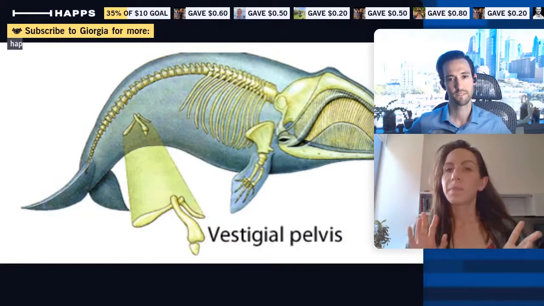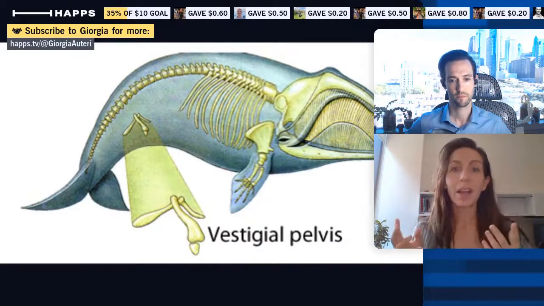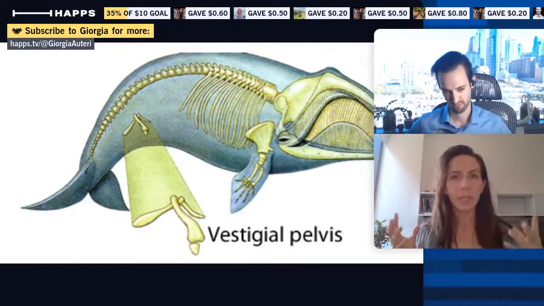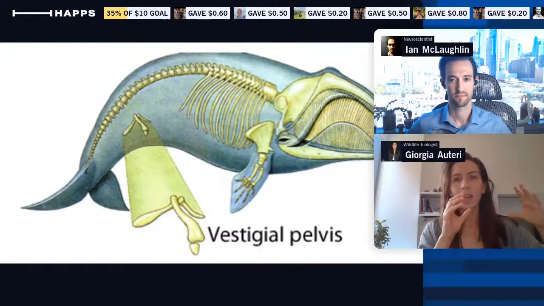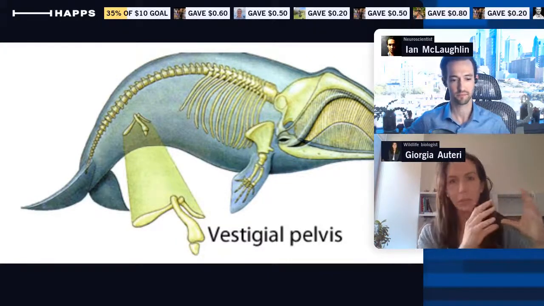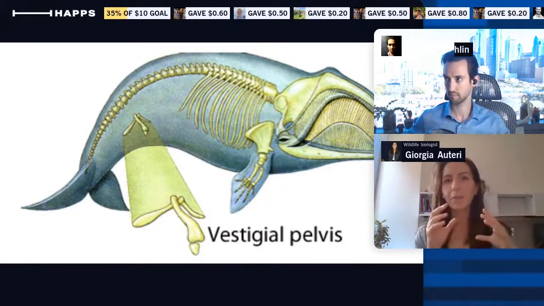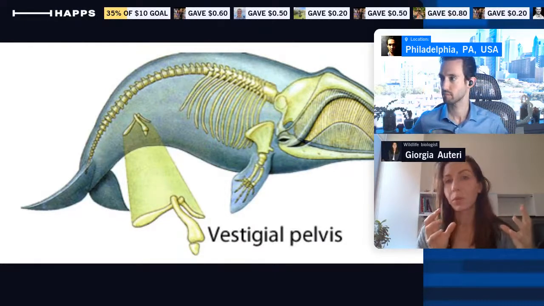But as Ian and I have been alluding to several times now, it's not always very clear whether something is truly vestigial or not. So, zooming out to the evolutionary context: a trait has developed, pelvis bones. It has a function, helping to walk around. Then as time goes on, the given species doesn't need that thing anymore.